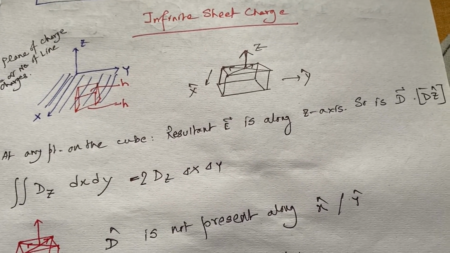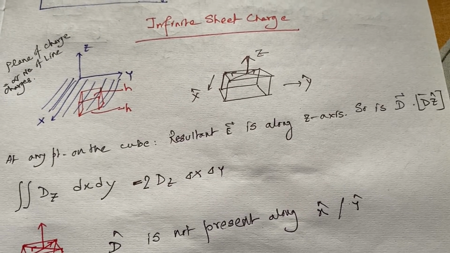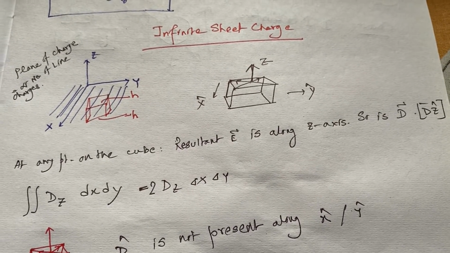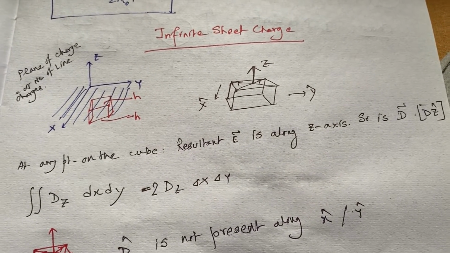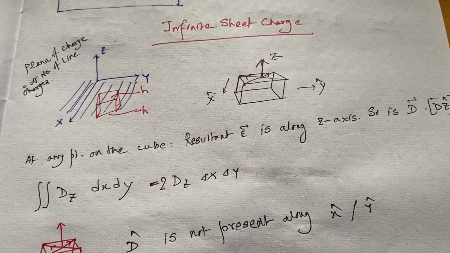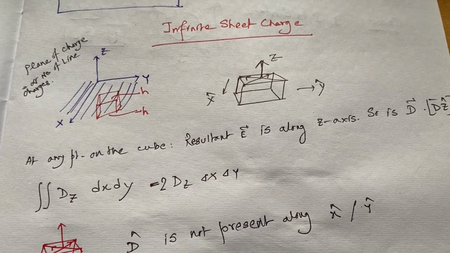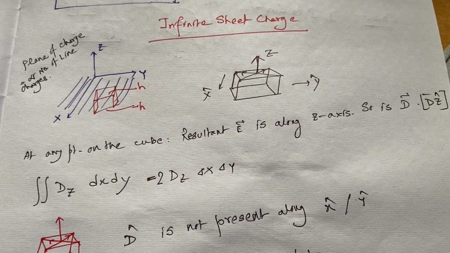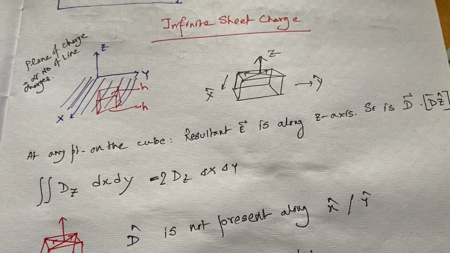So why did we do this? Because in case of a very long line charge distribution, or a very widespread sheet of charge distribution, we can readily approximate the results we just discussed.